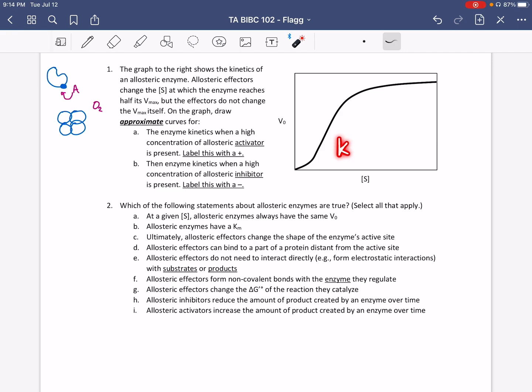So Km is not going to exist for allosteric enzymes because that number is not going to be constant, right?